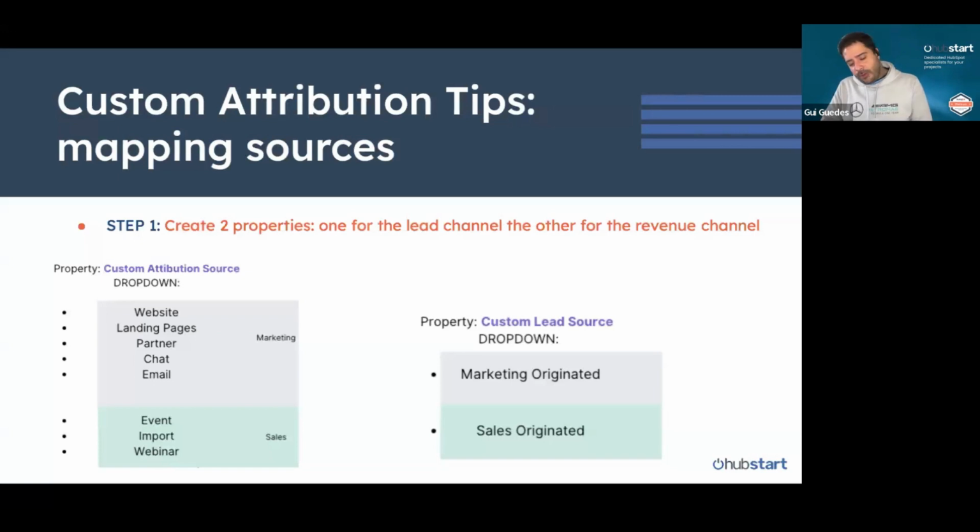Okay, so now we jump into a particularly interesting part. This is one of the questions we get the most from users and from our clients as well, which is how can we tweak, how can we create a custom model, a custom system to attribute revenue and also where the leads are coming from or where their conversions are coming from in HubSpot.